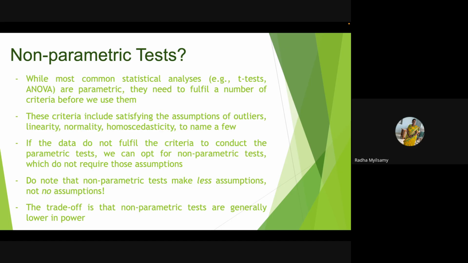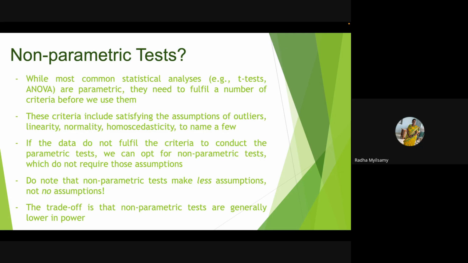Parametric tests require satisfying assumptions such as outliers, linearity, normality, homoscedasticity, and others. If some of the assumptions are violated, we cannot use the parametric test. In that situation, we cannot quit the research, so we may go with the non-parametric test.